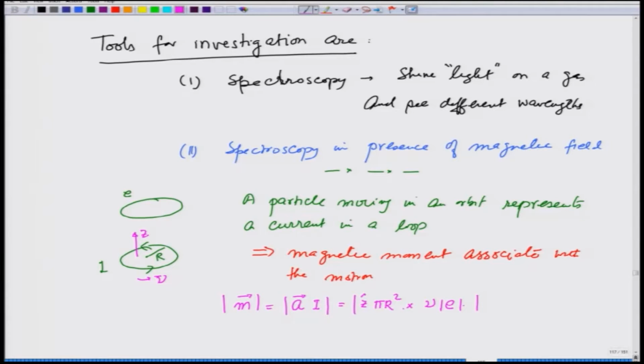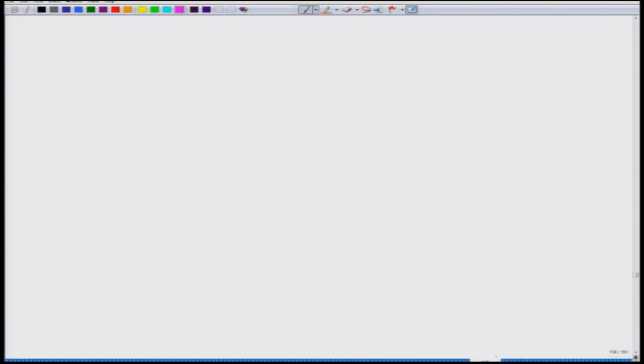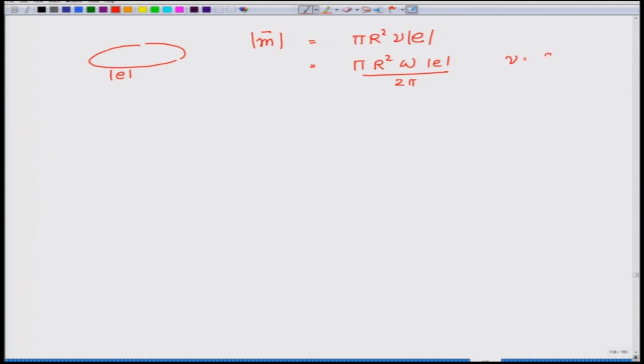For a particle going around with charge e, the magnetic moment is equal to πr²νe, which is nothing but πr²ωe over 2π, where ν is the frequency of going around, which is r²ωe over 2.